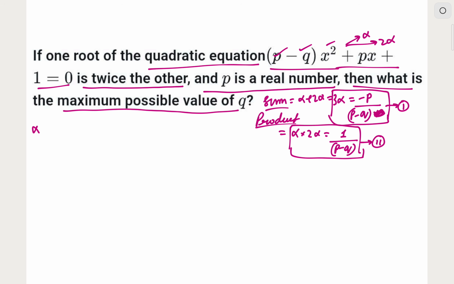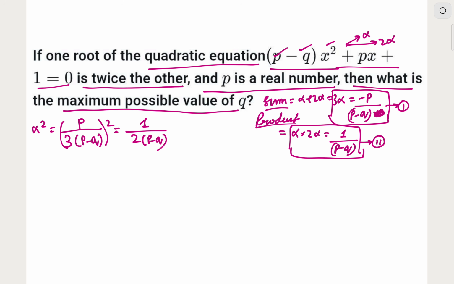As we are squaring, the minus p and p are the same, so there is no need to change the sign of p. It will become equal to, if alpha square is multiplied here, then the 2 will come to the denominator and it will become 1 by 2(p minus q). So it will become like this, and now we have to just simplify it.